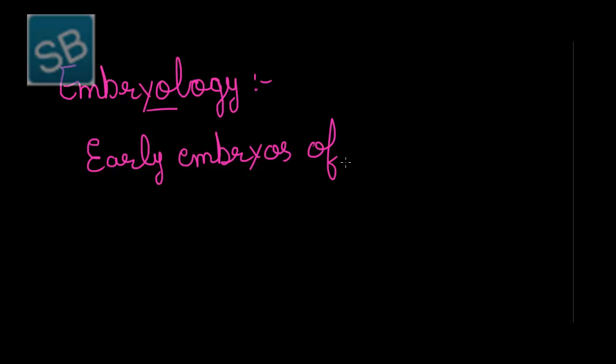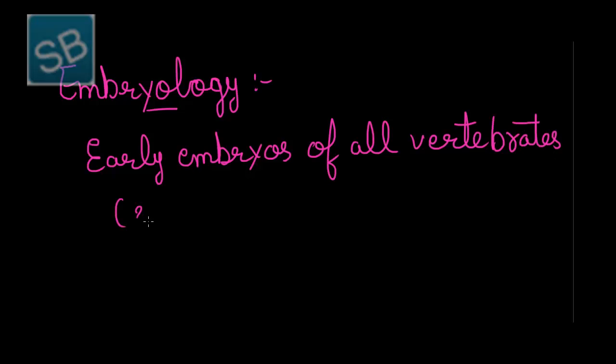After morphology comes the second type of evidence, that is embryological evidence, or evidence on the basis of embryology. In this, the evidence was based on the early embryos of all vertebrates, which were similar in appearance.